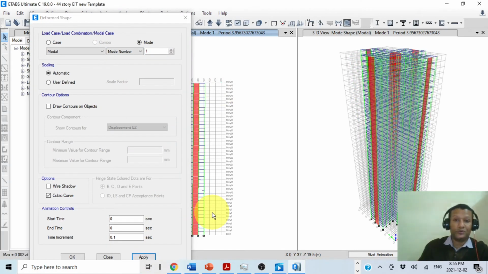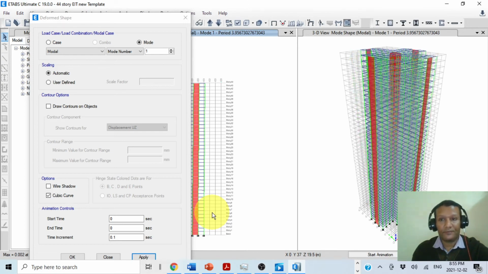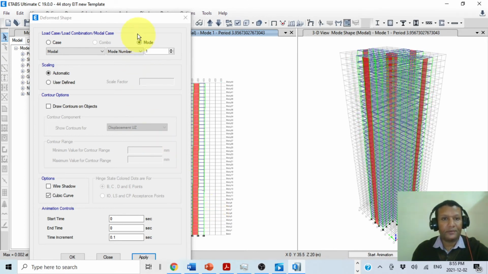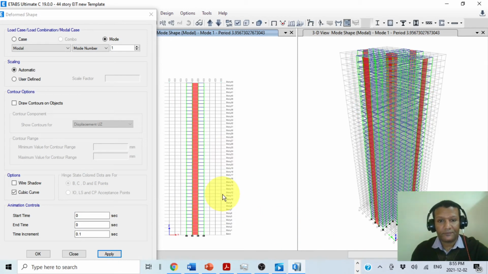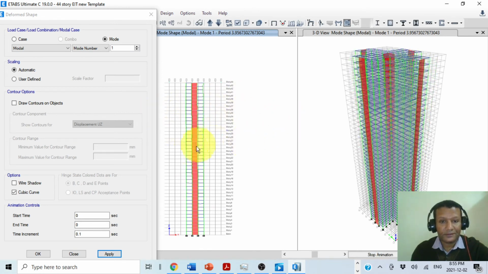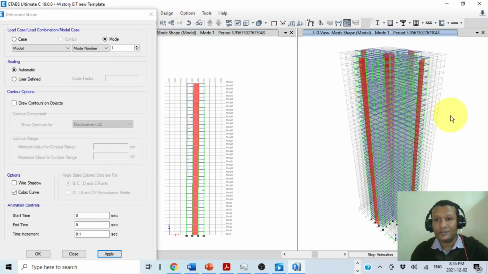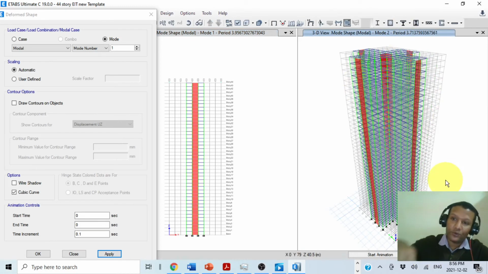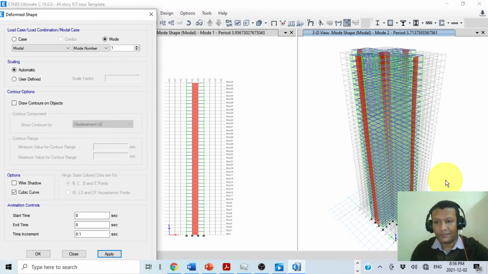I want to show you with elevation this side. Then start. You see, this is in the X direction. Now I want to show you the second mode. It was in the Y direction. In the Y direction.